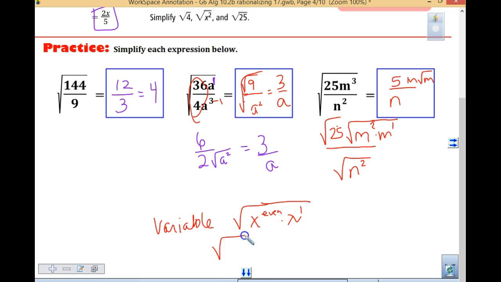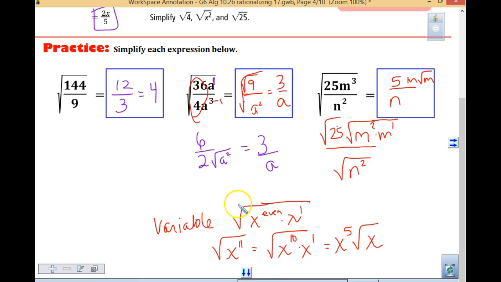So when you are looking at the square root of x to the 11, you want to go with the even power closest to this, which is going to give us x to the 10th and x to the 1st, because we can find the square root by taking half of 10, that gives us x to the 5th, and you keep it as a square root of x. If you want to put the 1 in there, you can, but you don't have to.